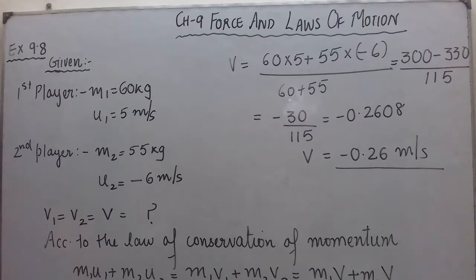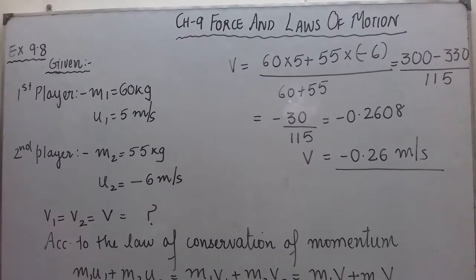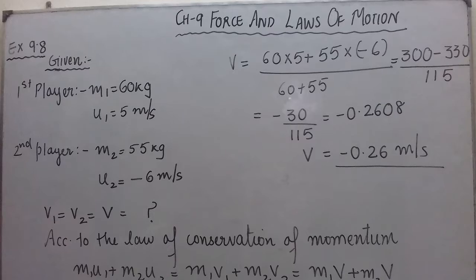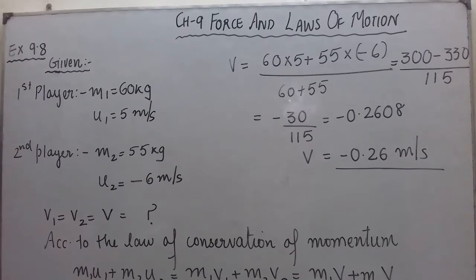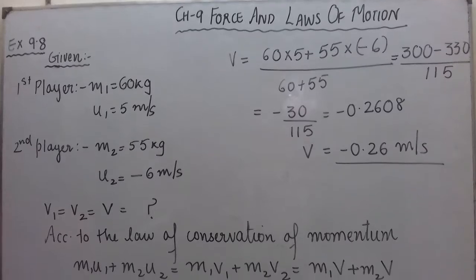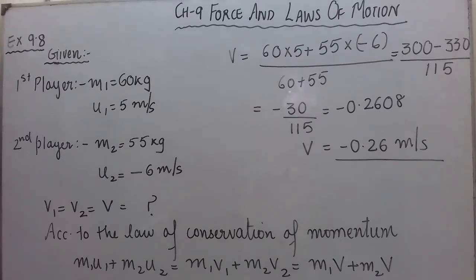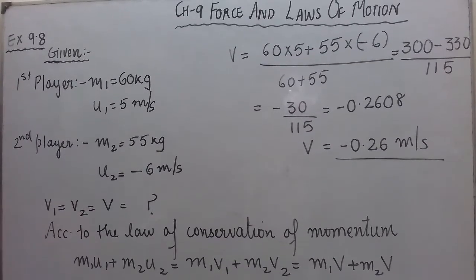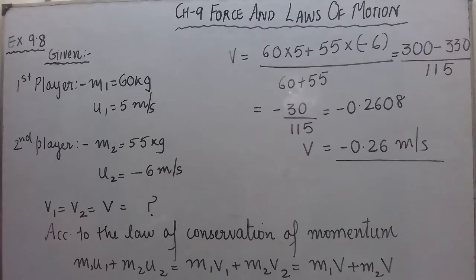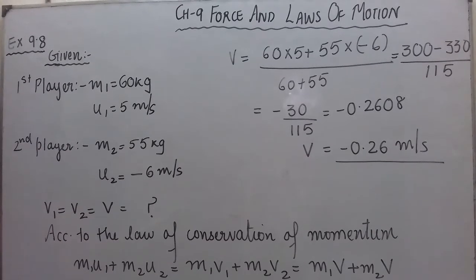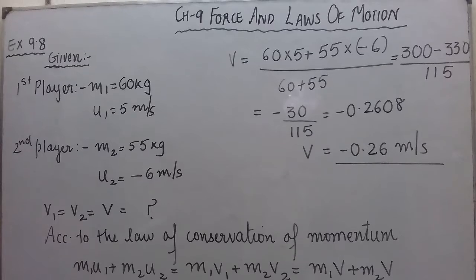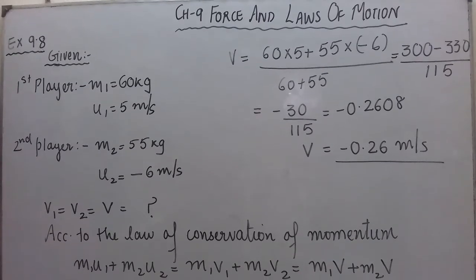One has a mass of 60 kg and was moving with a velocity of 5 meters per second, while the other has a mass of 55 kg and was moving faster with a velocity of 6 meters per second towards the first player. In which direction and with what velocity will they move after they become entangled? Assume that the frictional force acting between the feet of the two players and the ground is negligible.